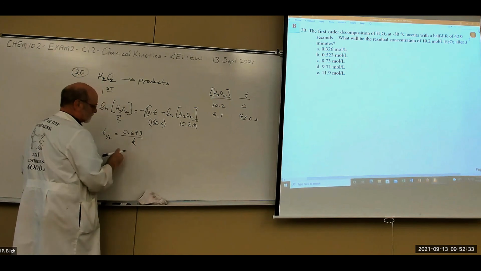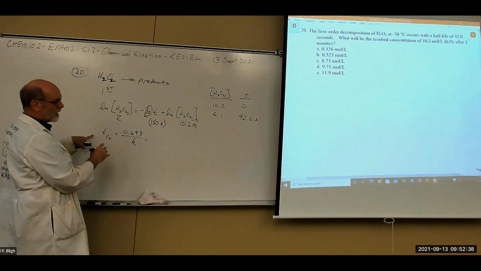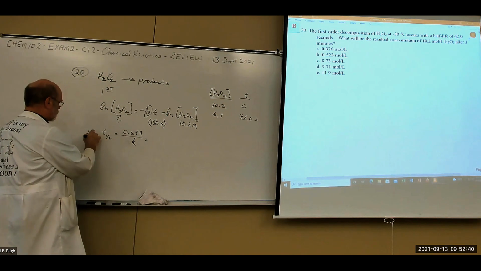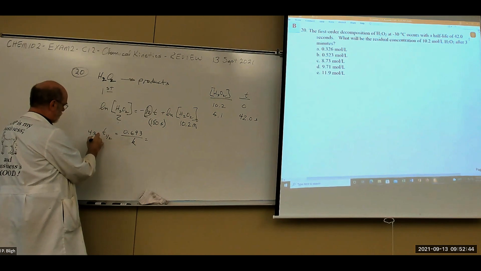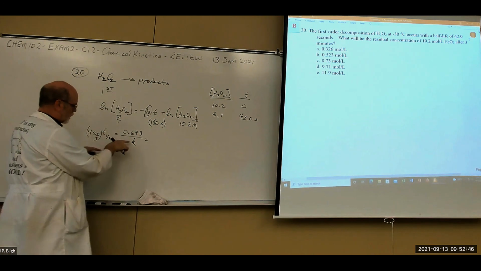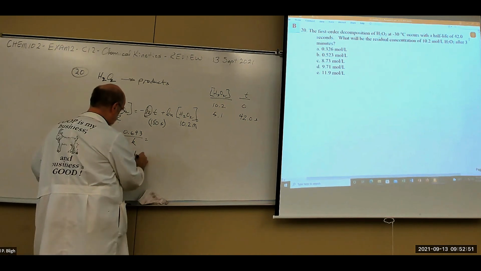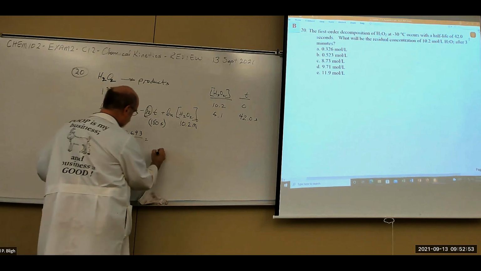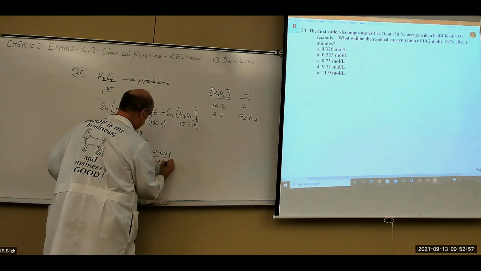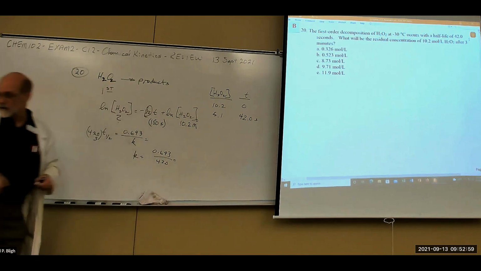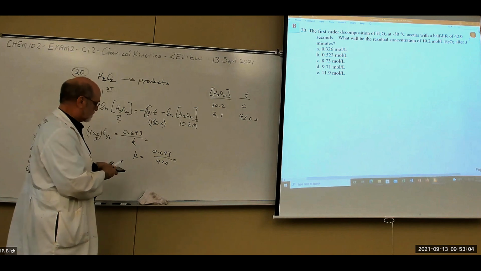So the half-life here is 42 seconds, equals this divided by k, so we just have to solve for k. k equals 0.693 divided by 42. So that gives us our k that we need to solve this equation.